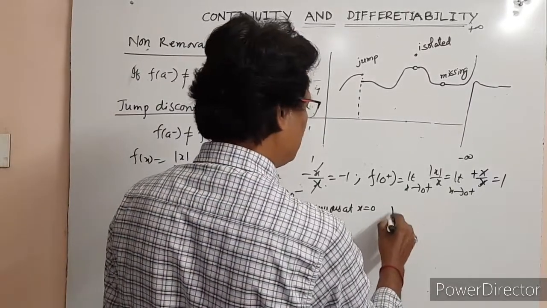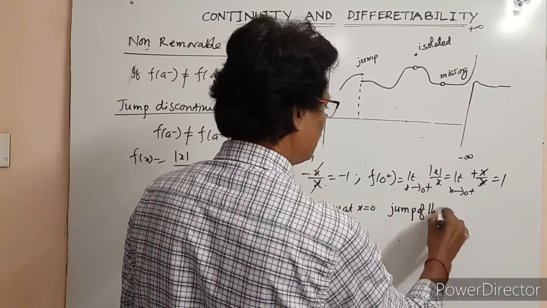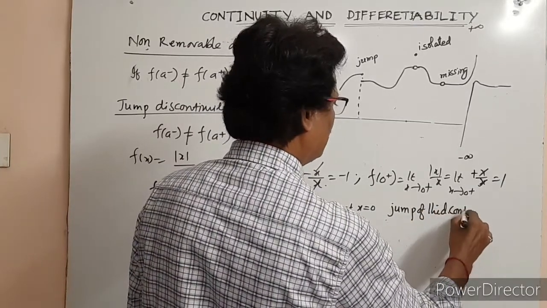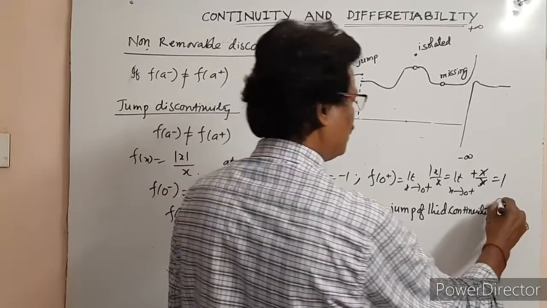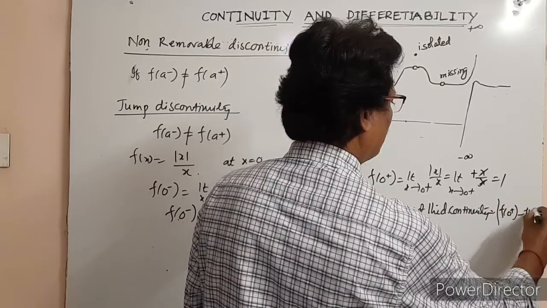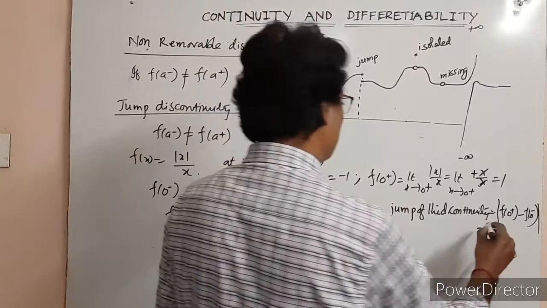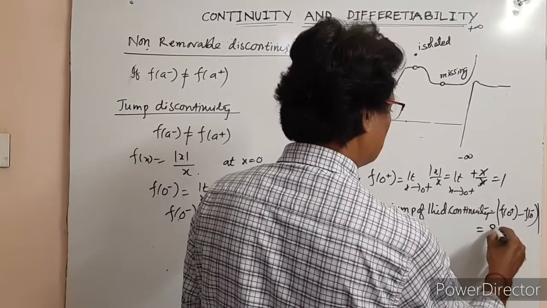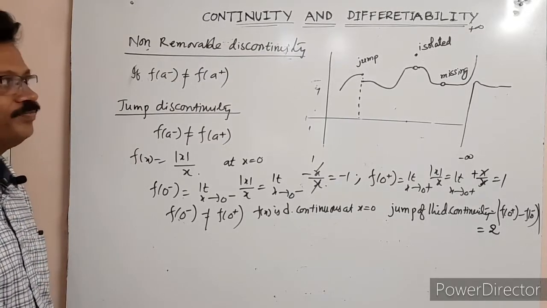Therefore the jump of the discontinuity is f of 0 plus minus f of 0 minus. How much did we get? The modulus of this, that is 2. Okay, that is called the jump of the discontinuity.